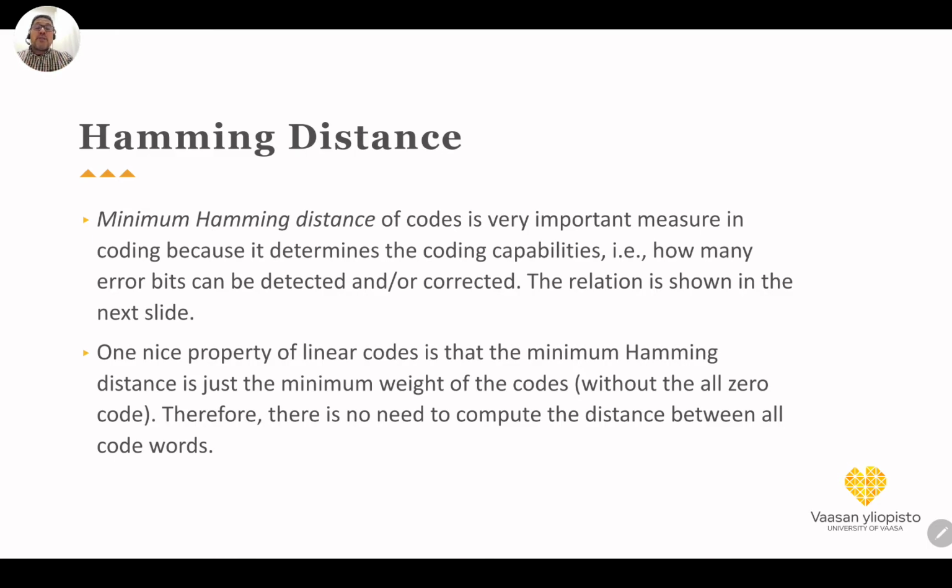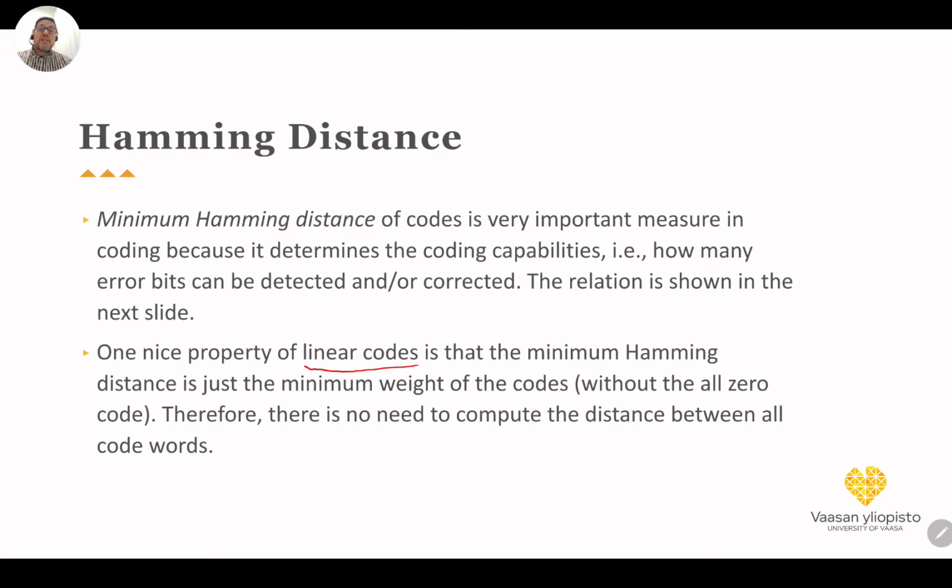For linear codes, the good thing is that the minimum Hamming distance is just the minimum weight of the code. Remember that the weight of the code is the number of ones in the binary. So for linear coding, you don't need to compare each pair of codes and compute the minimum, because this, especially for long codes, might require huge computation resources.